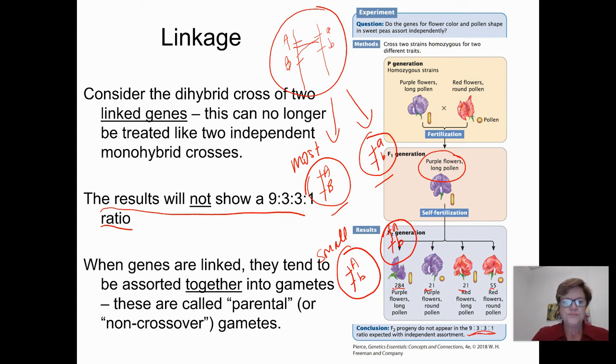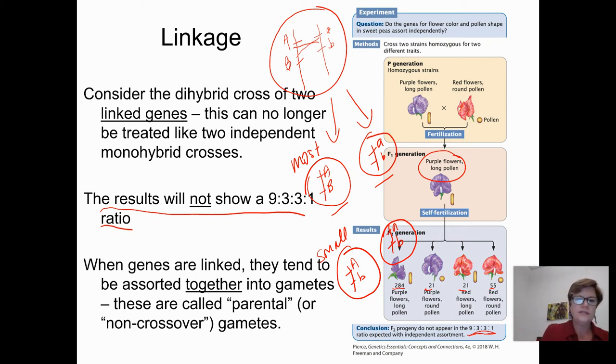And so that would lead us to then test for linkage. So the concept here is you've performed a dihybrid cross, but you don't get a 9:3:3:1 ratio, so you might decide to see if the two genes are linked.